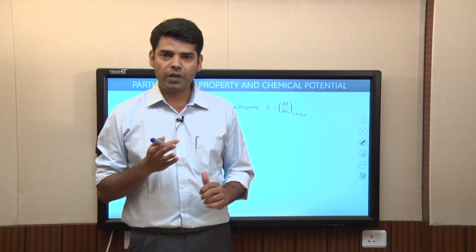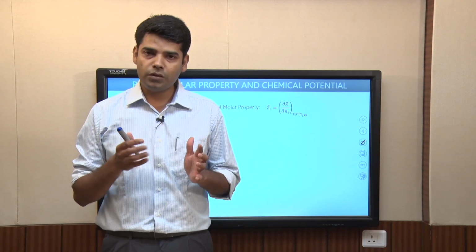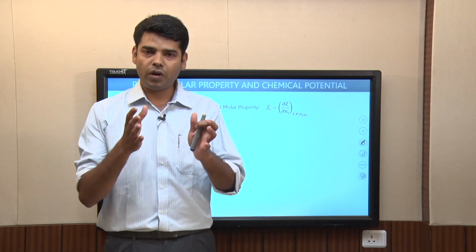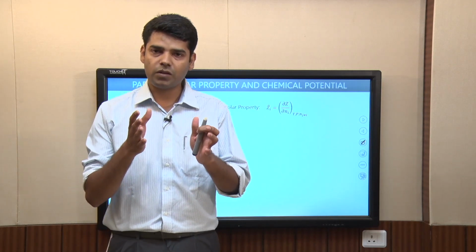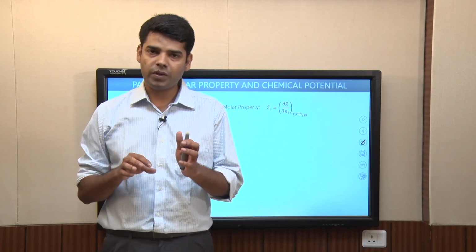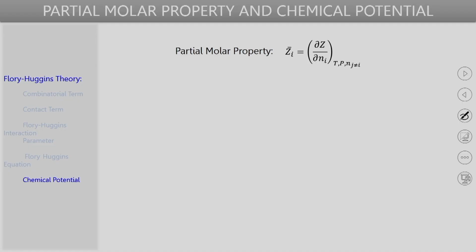Partial molar property of a given component in a solution is basically a measure of how much a given solution property will change when a very small amount of a certain component is added to that solution. Let us say we are talking about any property represented by Z. This Z can be the Gibbs energy, the enthalpy, the volume, any thermodynamic property of interest.